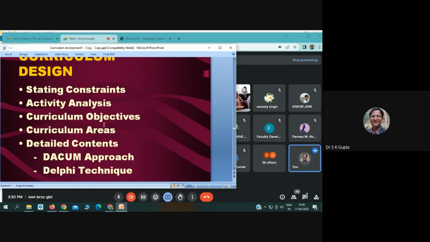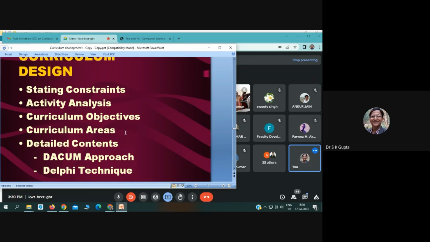Once we have decided that these will be the curriculum objectives, or these will be the competencies which we want to develop in the students, or these are the program outcomes which are the requirements of the program, from that we decide the curriculum areas. These will be the curriculum areas, or these will be the subjects through which we will be developing those program competencies, program outcomes.